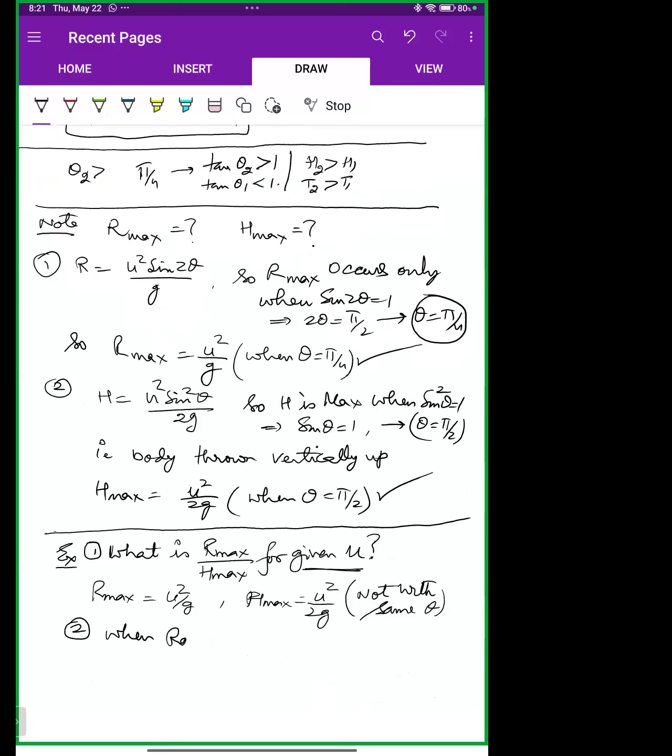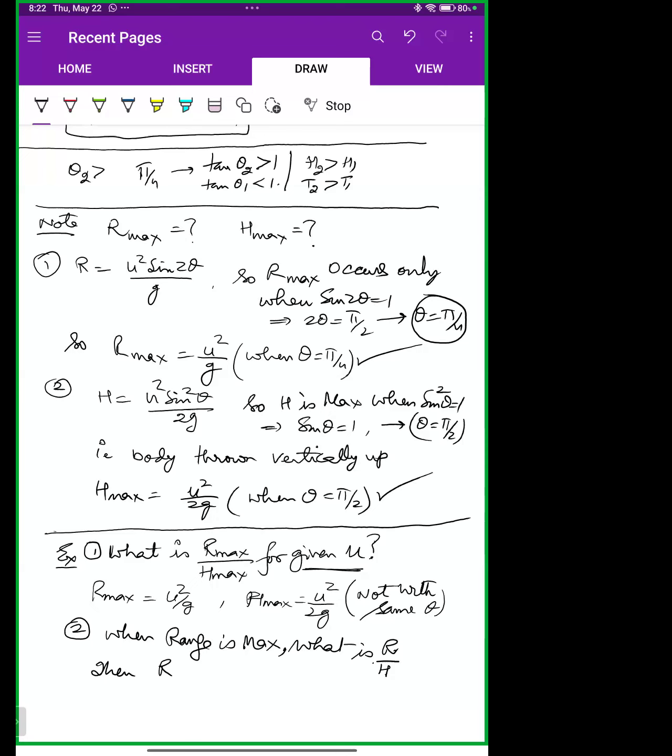When range is max, what is R by H? When range is max, then the angle is taken as 45 degrees. Then is it 4?